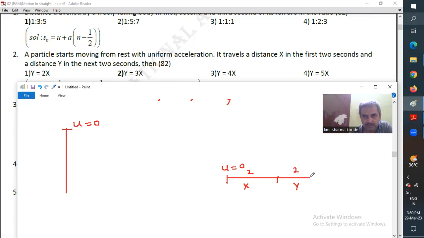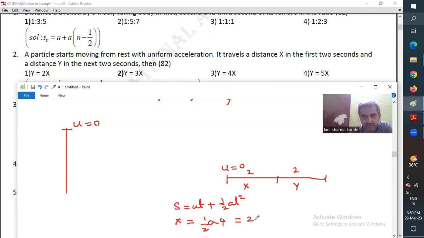Since the motion is uniform, once again this question is based on s is equal to ut plus half at square only. In the first case, x is the distance traveled, starting from rest, half a t square. So t is 2 seconds, t squared will be 4.